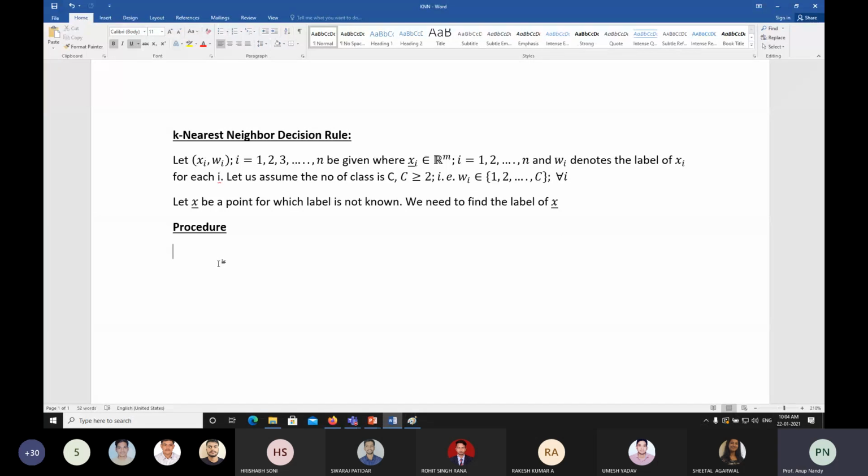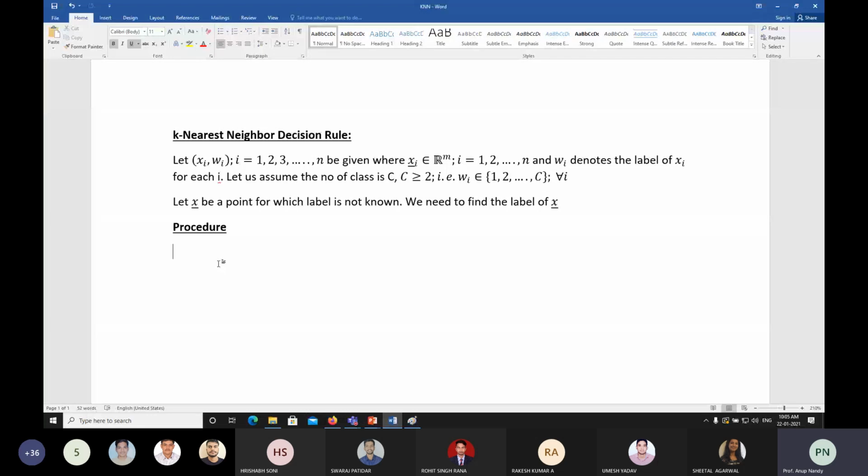So let you have (xi, wi), where the xi's are the ith observations, with i from 1 to n, and wi is the ith class.